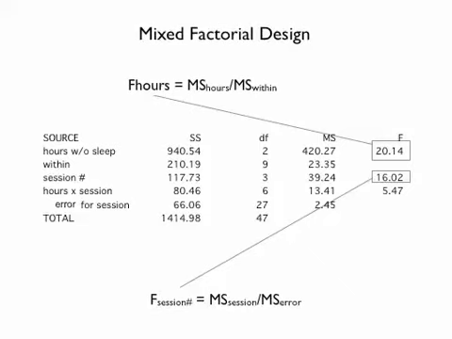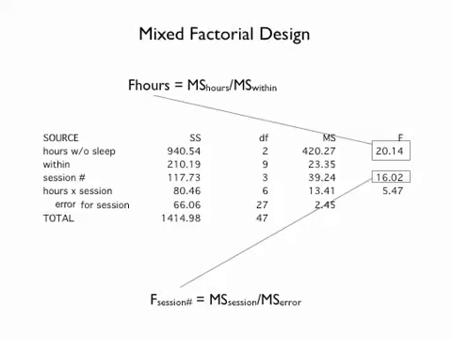That's going to go in the denominator, but only for this hours without sleep variable, because that is the between groups factor. Now remember, the source here is within treatments sums of squares, and we use the mean square for that. We divide that into this mean square for the hours without sleep variable.